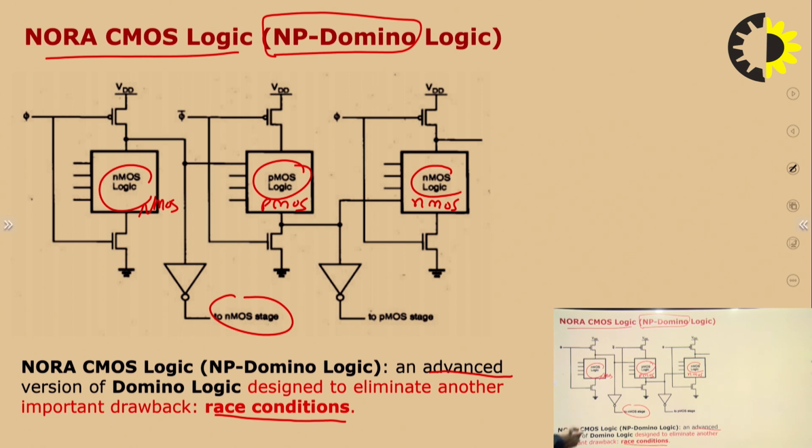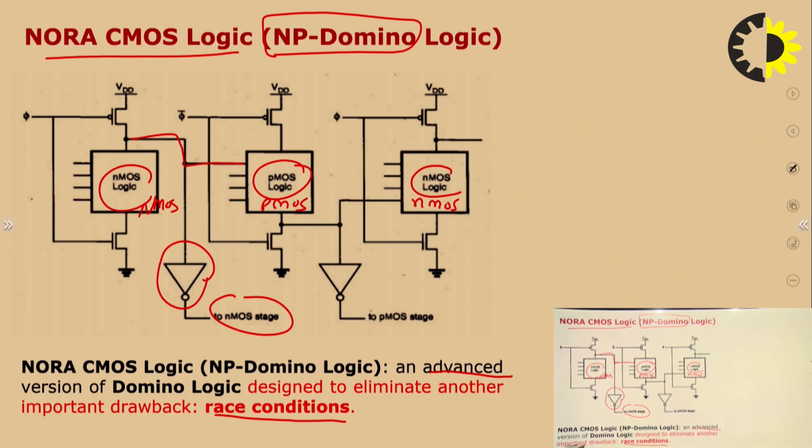One more important thing that we have to keep in mind is that when one NMOS stage is connected to another NMOS stage, then an inverter is required, and if the NMOS stage is connected to PMOS, then no inverter is required. It is directly connected. There is no need of any inverter.